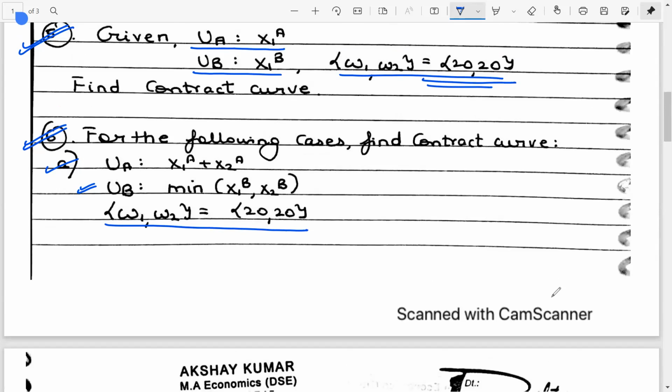So if I quickly come to the whiteboard to solve question 6, utility of A is x1a plus x2a. Utility of B is min of x1b, x2b. This is perfect substitutes.